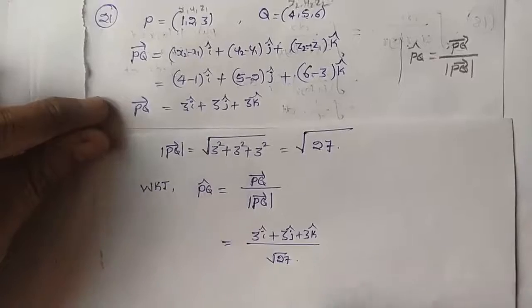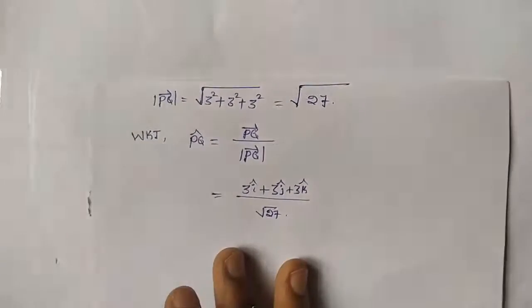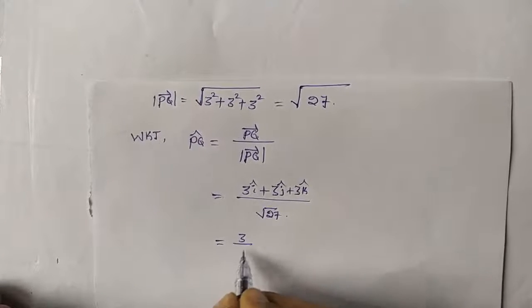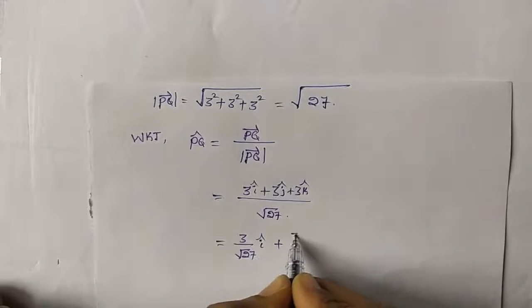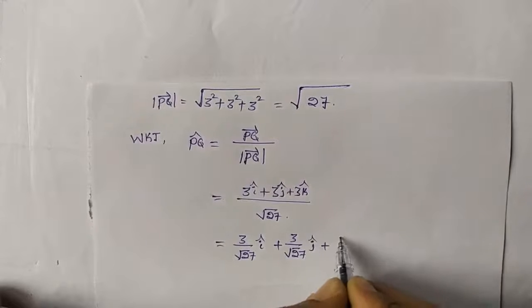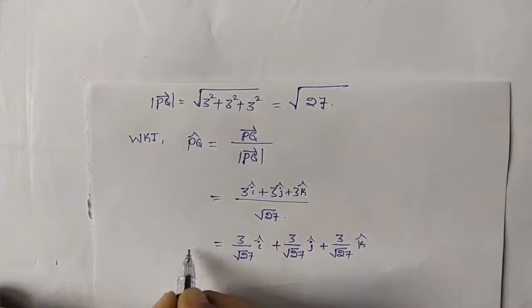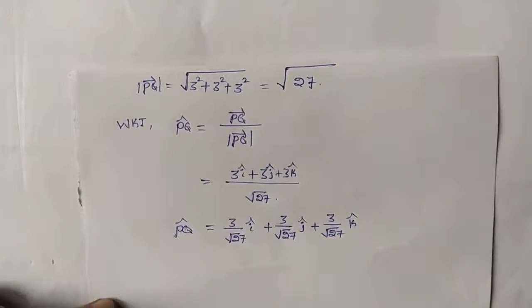Simplify further: 3 by root 27 into i cap plus 3 by root 27 into j cap plus 3 by root 27 into k cap. It is a unit vector along the direction of PQ vector.